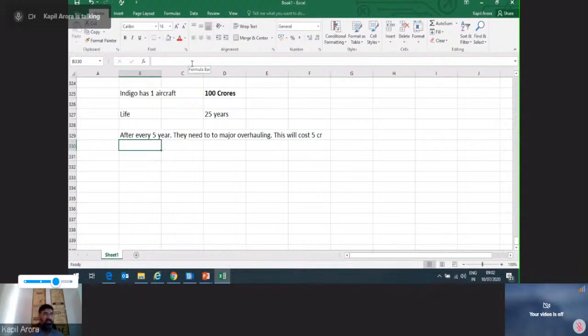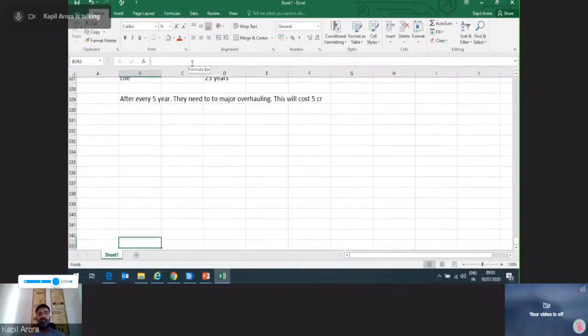When this is going to cost 5 crore after every 5 years, what do we need to do? We cannot consider this as an expense. We have to consider this as an asset because this is not day-to-day cost of maintenance. So for that purpose, how will the guidance come up?